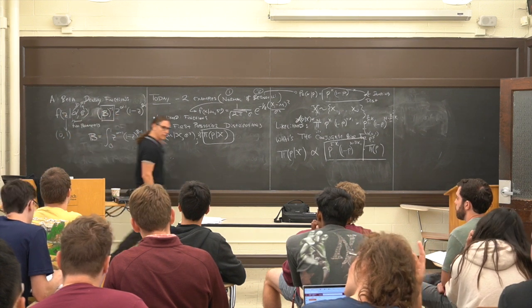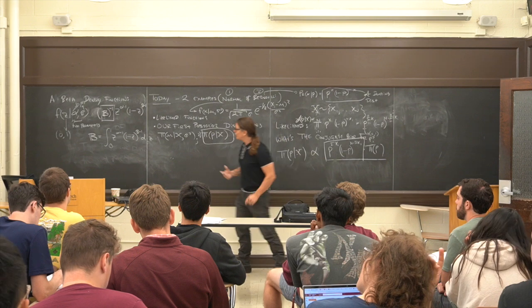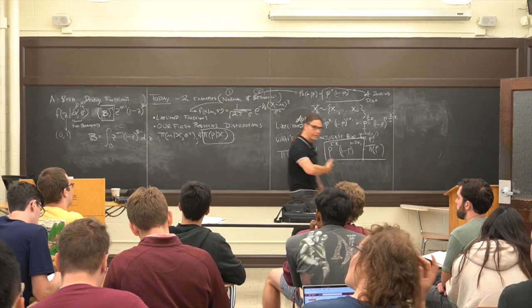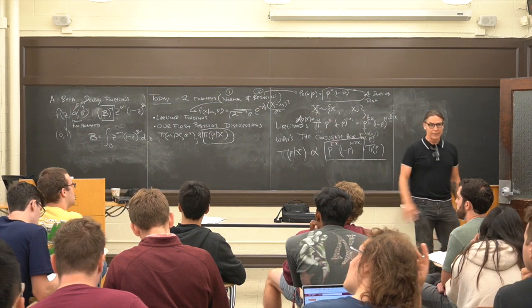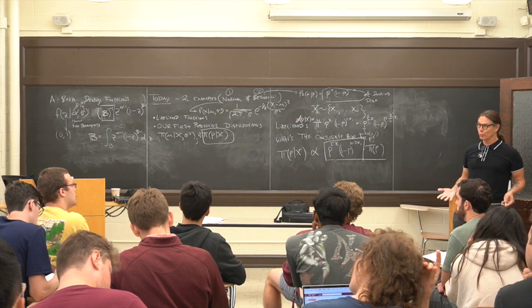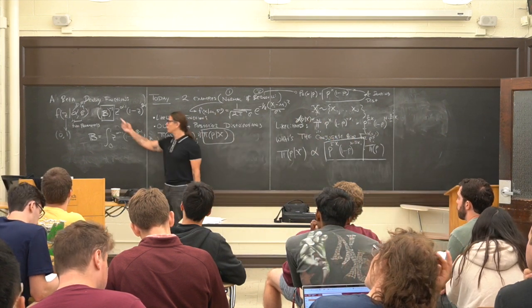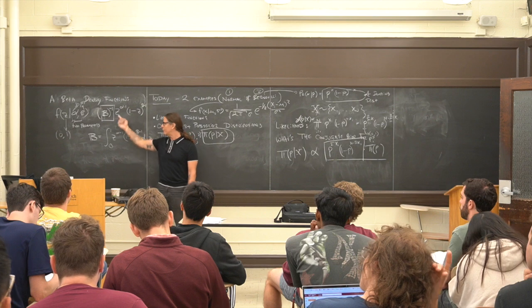So this is just a normalizing constant. I compute this number right here, and I divide by it so that it normalizes and everything adds up to 1. That's what you do for any distribution. If I give you the numerator, you can work out the denominator, as long as I give you all the functional stuff that includes the random variable.